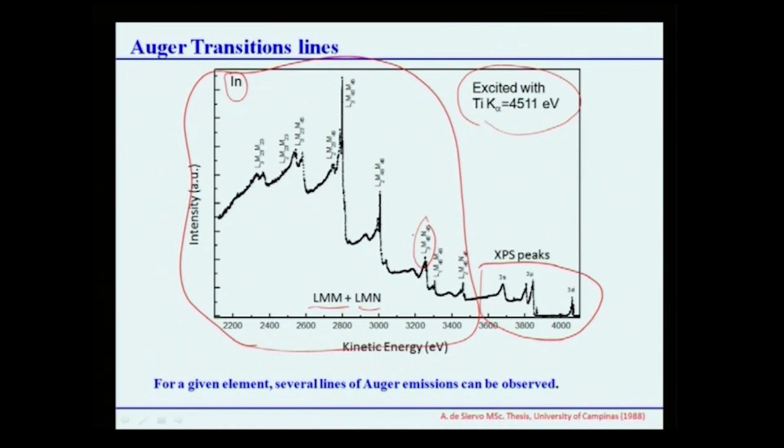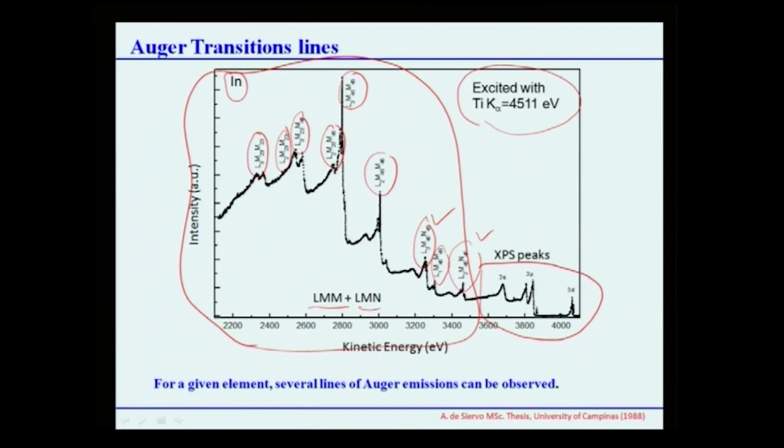There are different transitions, L1 to M45 N45 and so on. Basically these are all LMM transitions as you see here, and there are many. This one is LMN, this is another LMN, and this is also an LMM transition.